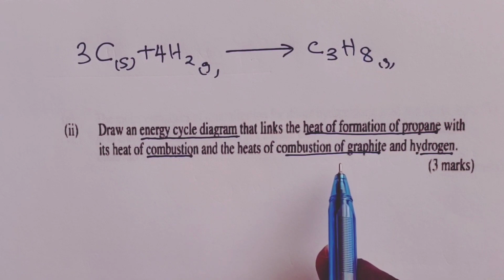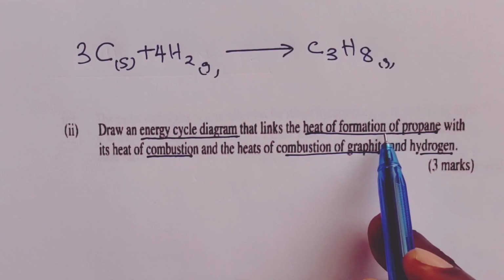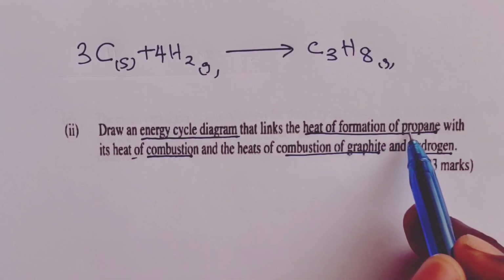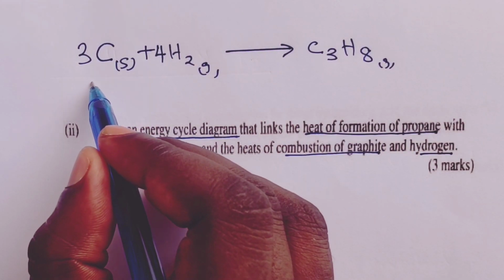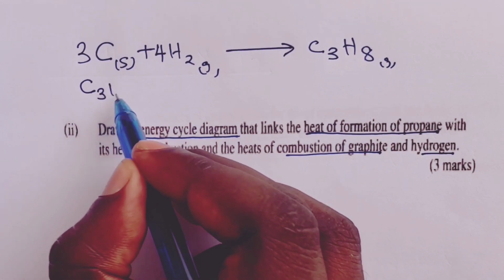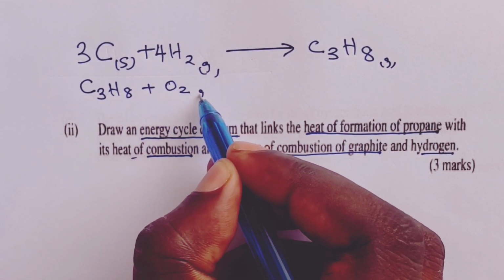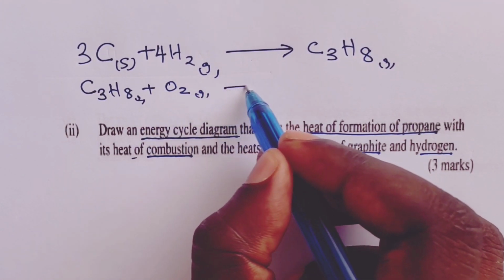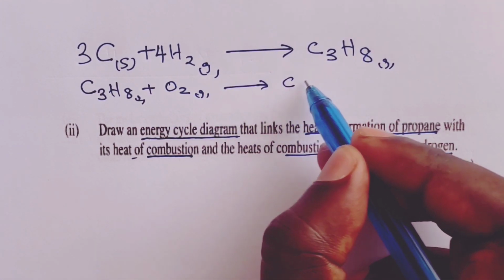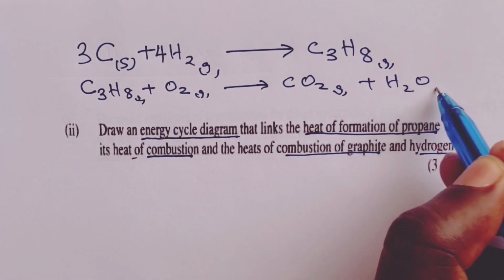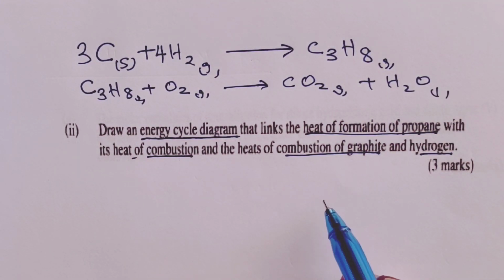The next heat type that has been mentioned in our question is the heat of combustion of propane. So heat of combustion would mean that we burn our propane in excess oxygen. And when we do this, we are supposed to get carbon dioxide and water because propane is a hydrocarbon.